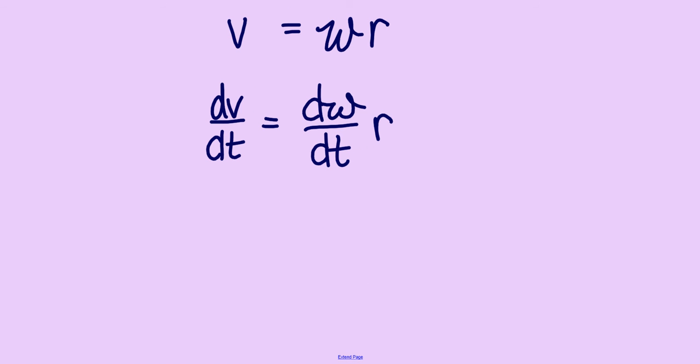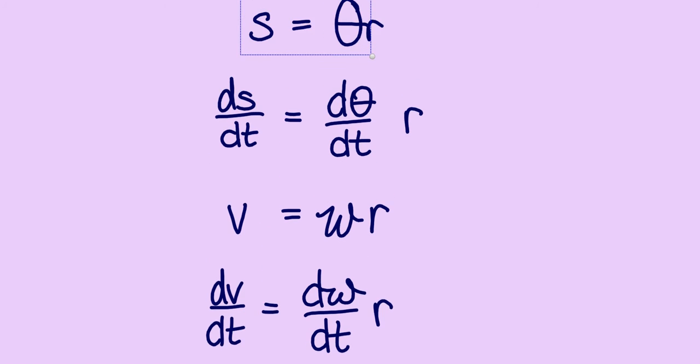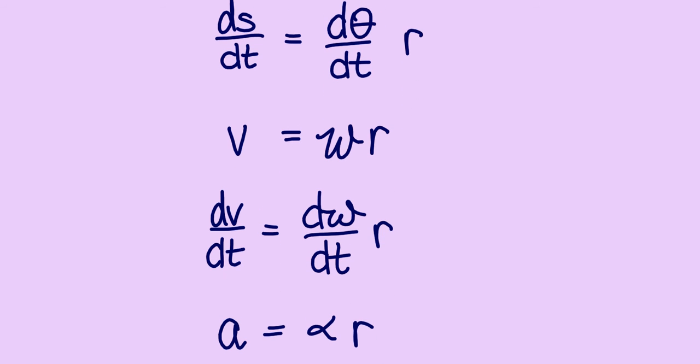And I would find that the linear acceleration is equal to the angular acceleration times the radius. So in each case, there's a relationship between the linear version and the angular version of this quantity. Just a side note, this velocity equation is the only one that appears on your equation sheet.